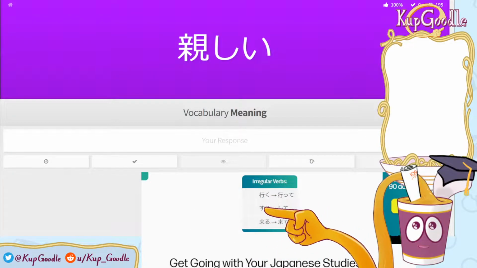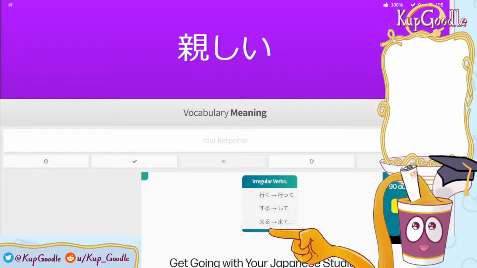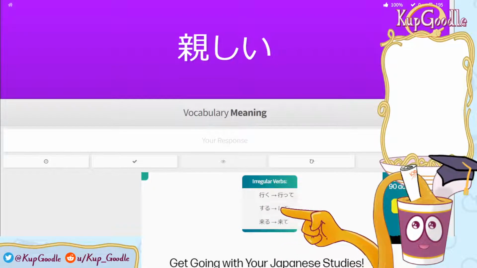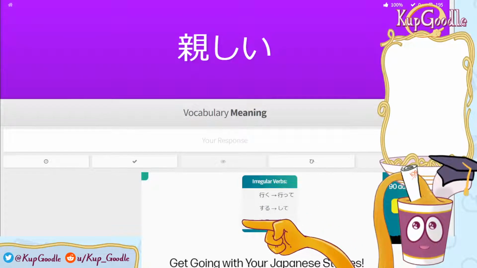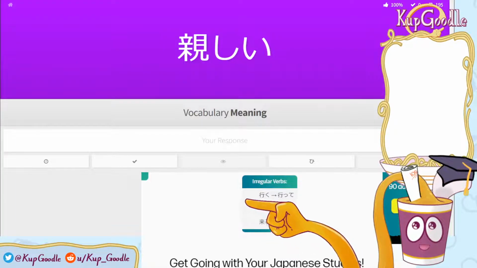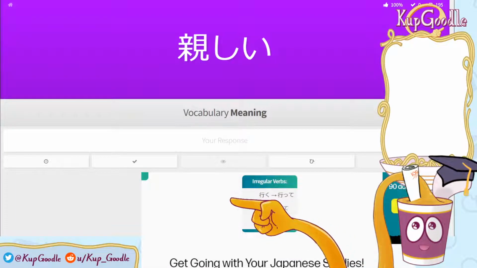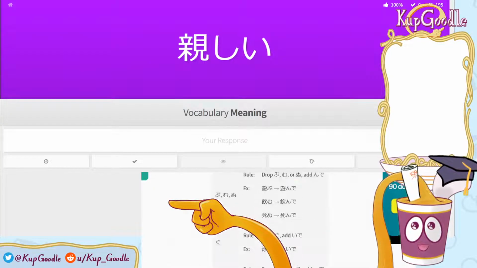And iku is ite, suru is shite, and kuru is kite. I just need to remember that instead of kute, it's kite. Suru is shite, and iku is ite, itterashai.